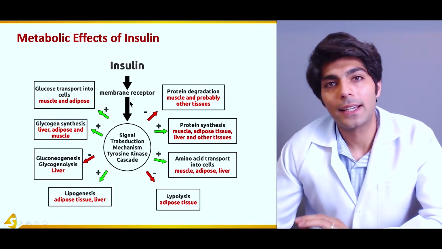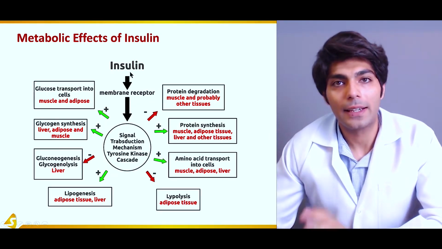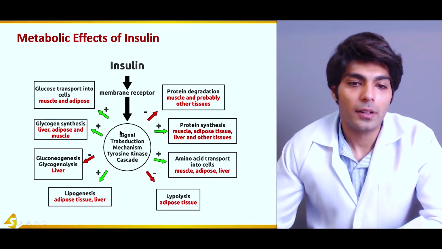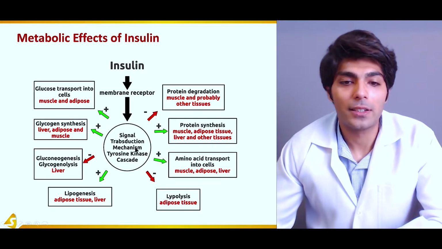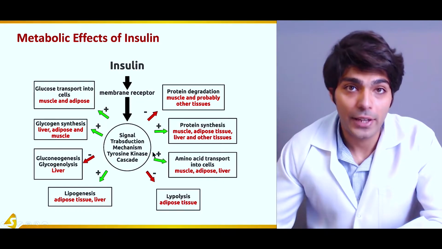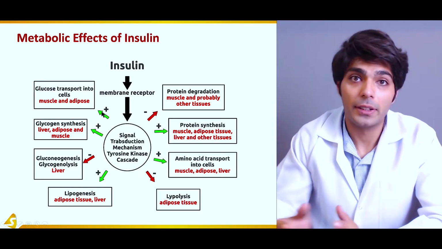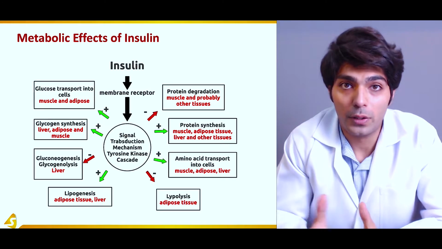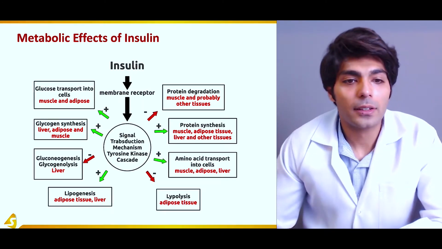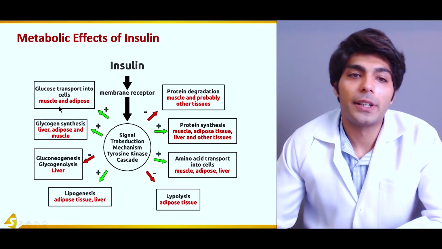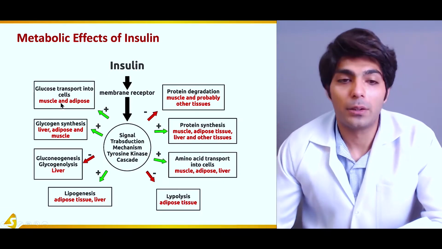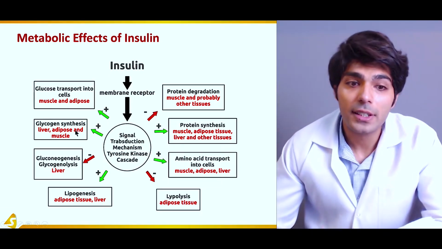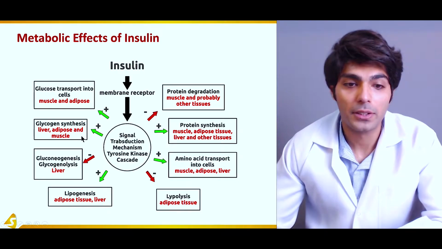Once insulin attaches to the membrane receptor, there is a signal transduction mechanism, and tyrosine kinase cascade reactions occur with the autophosphorylation of the beta receptors, and glucose is transported into the cell, muscle, and adipose tissue. There is glycogen synthesis in the liver, adipose tissue, and muscle.